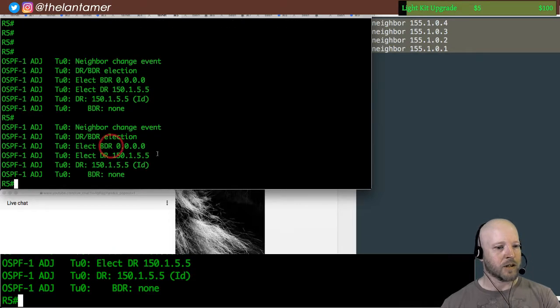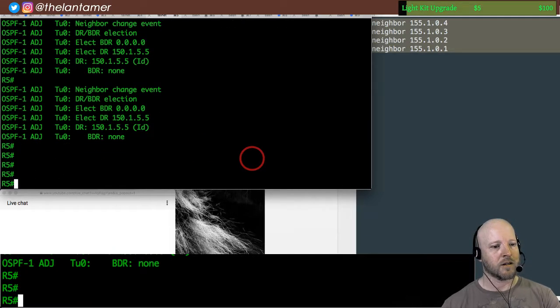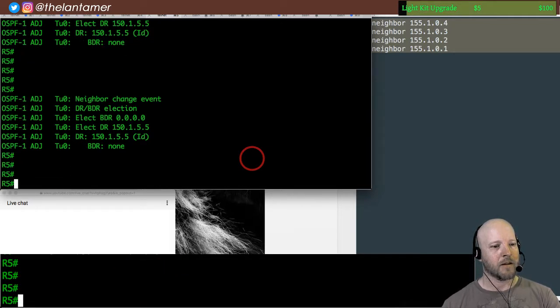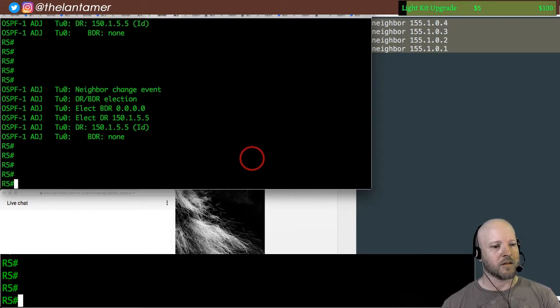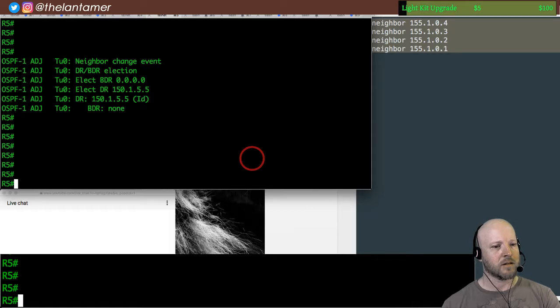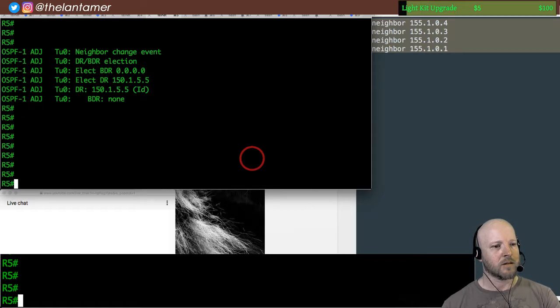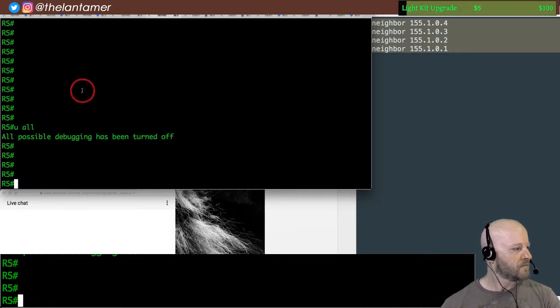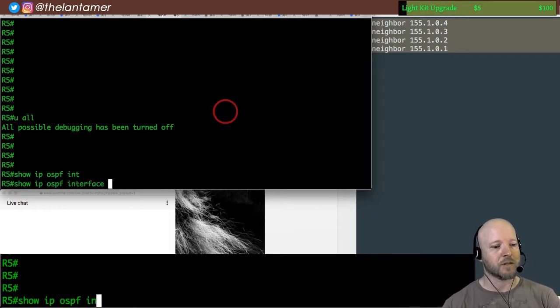Okay, I'm just looking at my key here to see. All right, we still have some DR BDR election going on. Undebug all. Okay, so show IP OSPF interface brief.